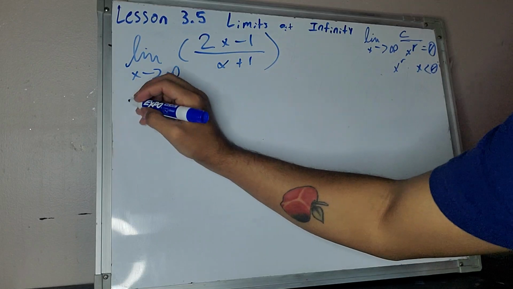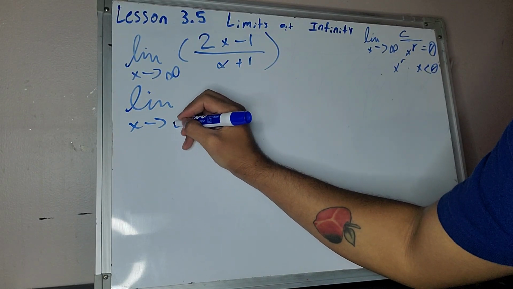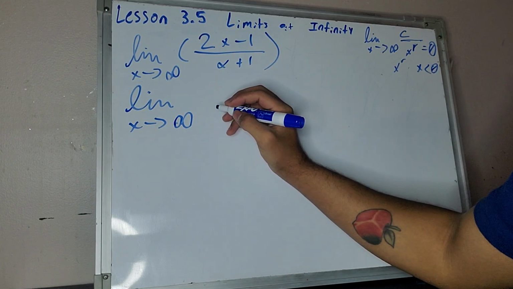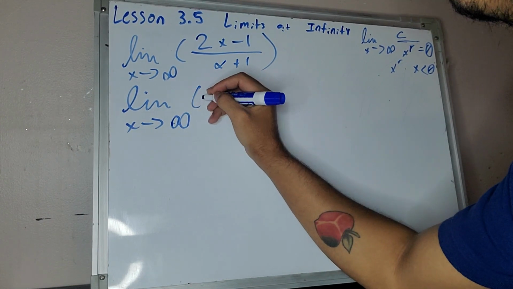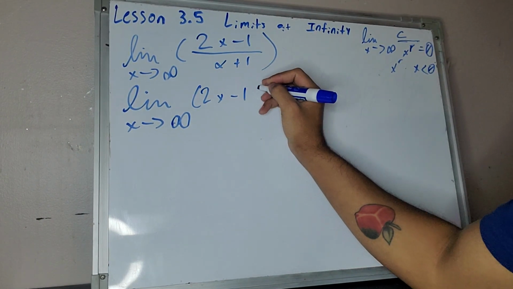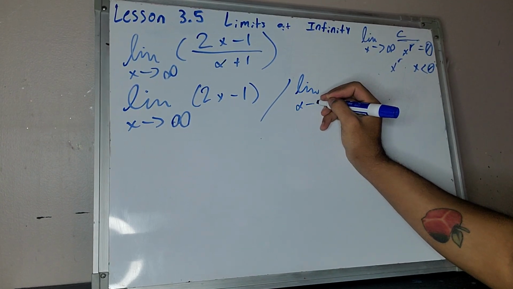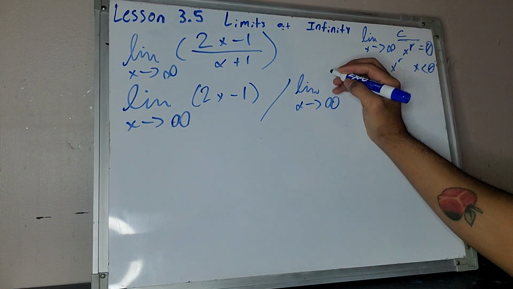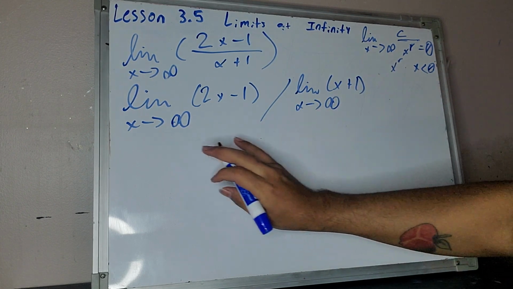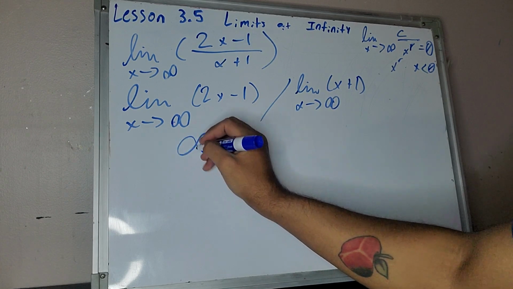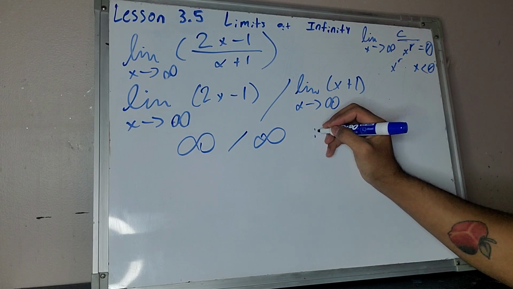We can still separate this into the limit as x approaches infinity of 2x minus 1 divided by the limit as x approaches infinity of x plus 1. However, both of these solutions present us with infinity, which is an indeterminate form.